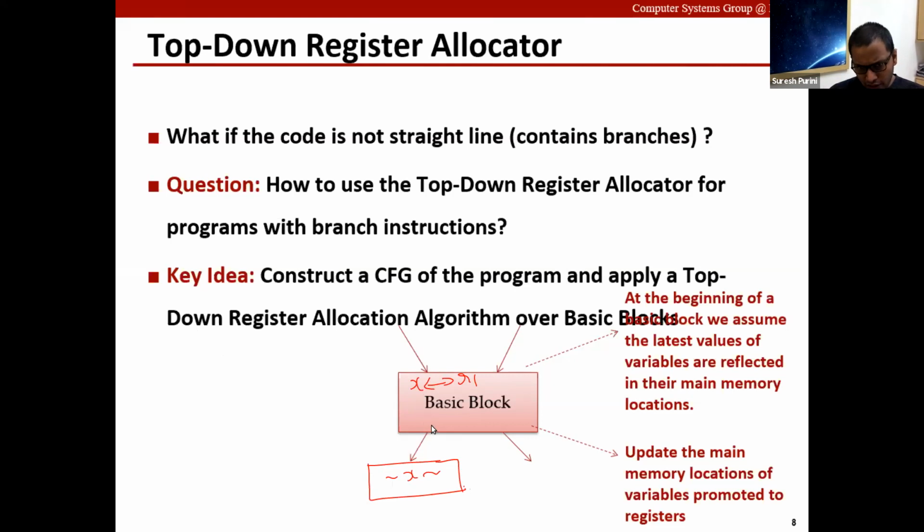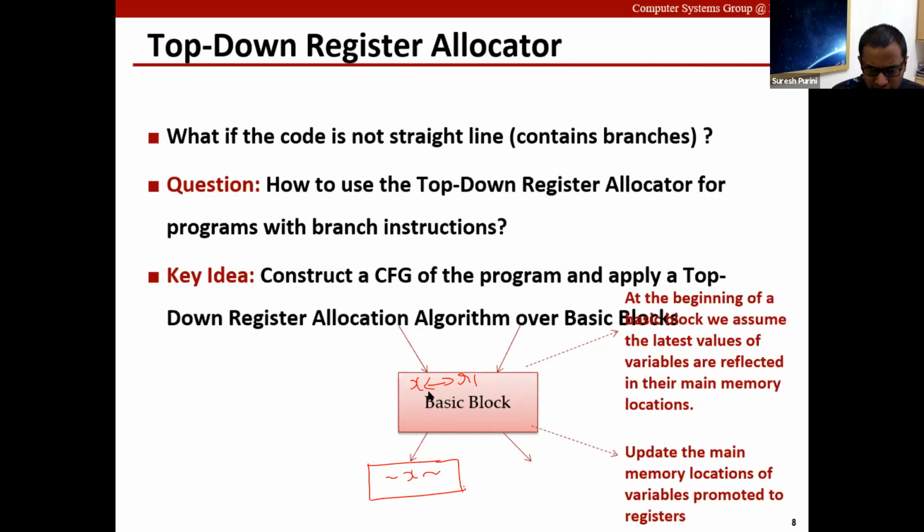If there is no epilogue code in this basic block, we get into trouble, because when we are accessing variable x in this basic block, if you go and check the main memory associated with x, it's a problem, right? Because the main memory associated with x may not contain the latest value associated with x.